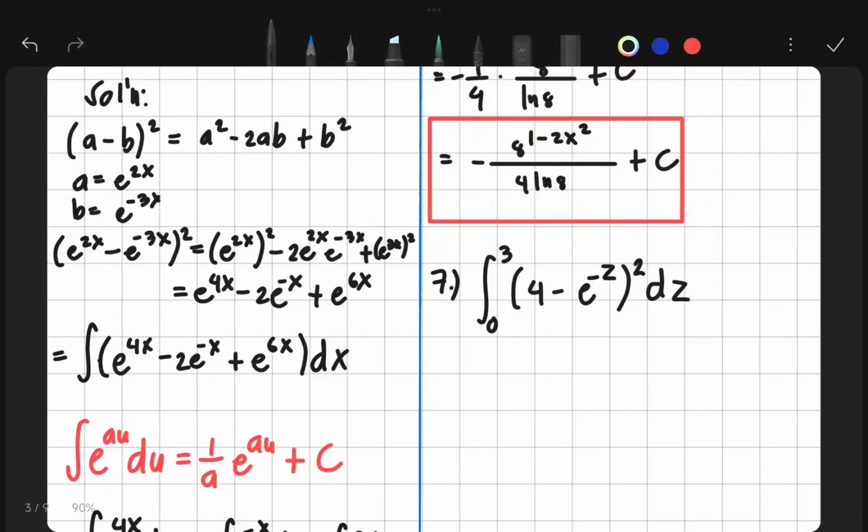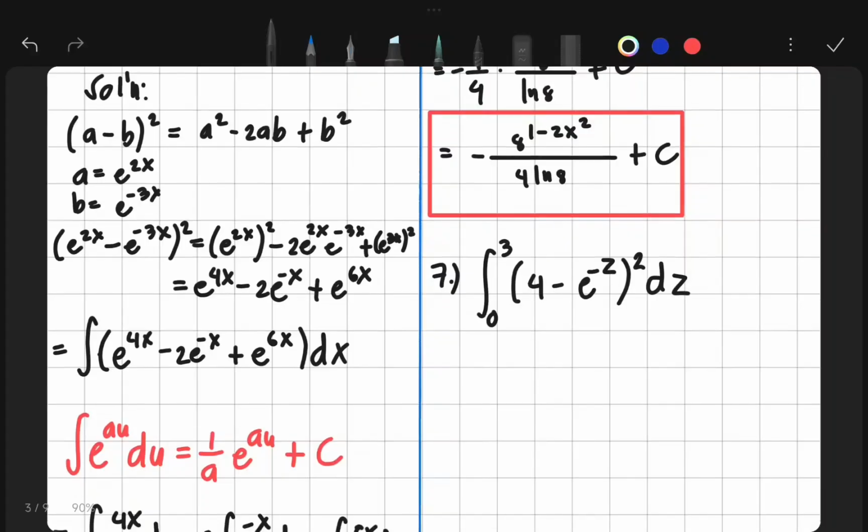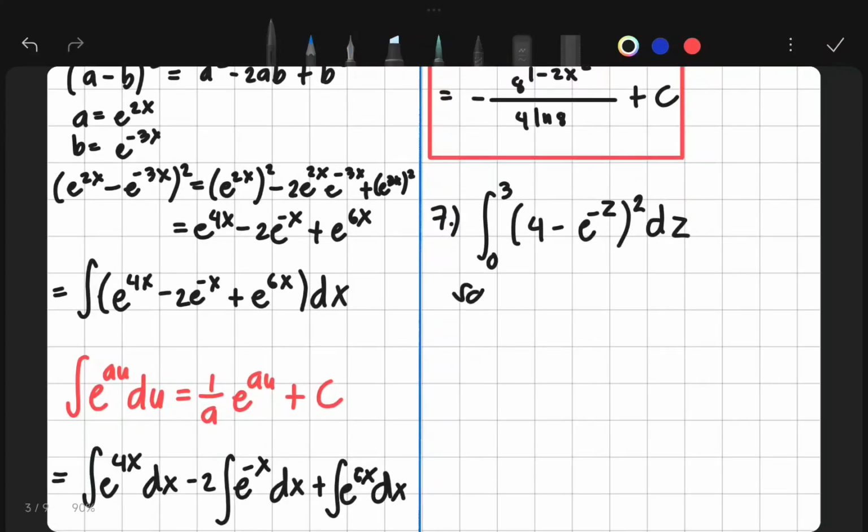Okay, so for this one, we just need to expand this, like we did earlier. So if we have a minus b, raised to 2, that is simply equal to a squared minus 2ab plus b squared, right? So here our a will be 4, and then our b is negative e raised to negative z.